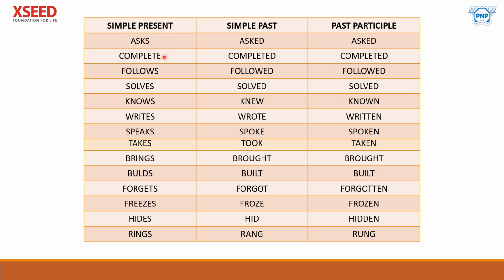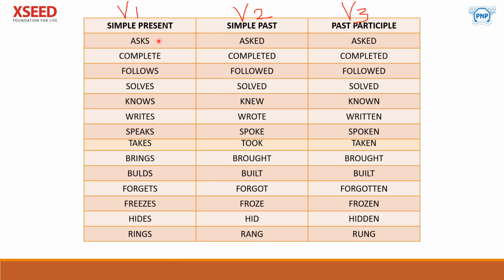The first one is the simple present, which is the basic form, called V1. This one is V2, and this one is V3, which is nothing but the past participle. V2 we use with simple past tense, and V3 we use with present perfect as well as past perfect. Let's check them one by one.